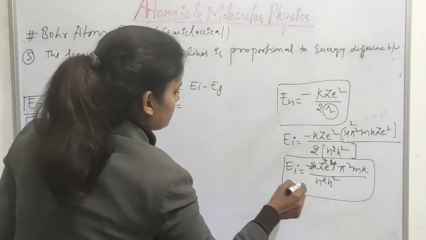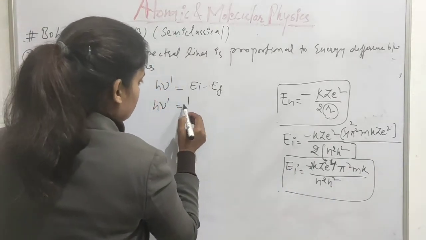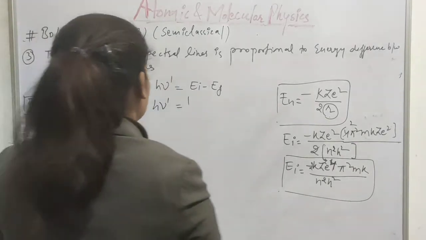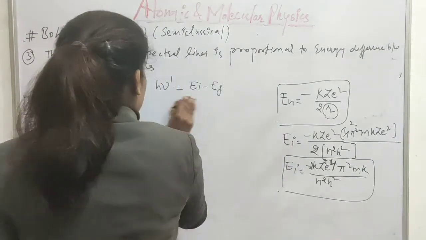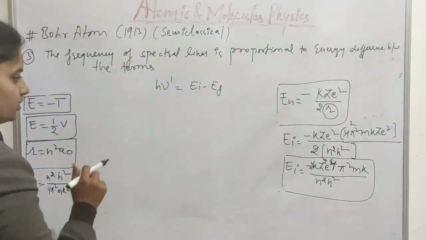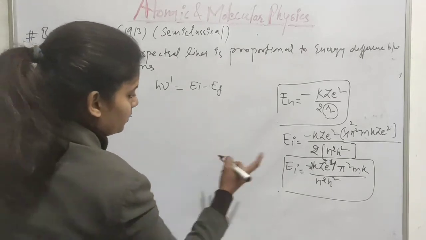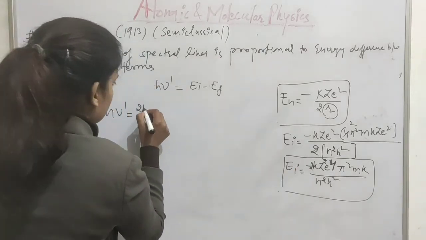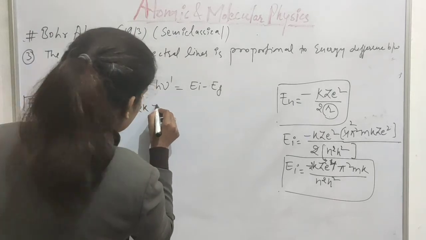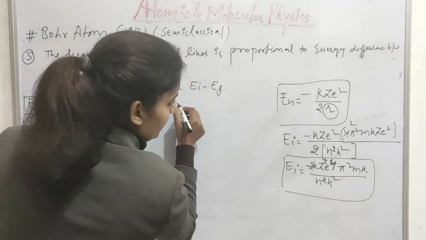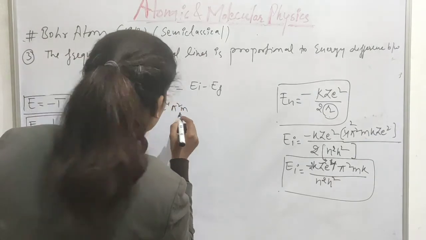this is a constant, so this will come out. So h nu dash is equal to, this constant, twice of k z square e raised to the power 4 pi square m k square.